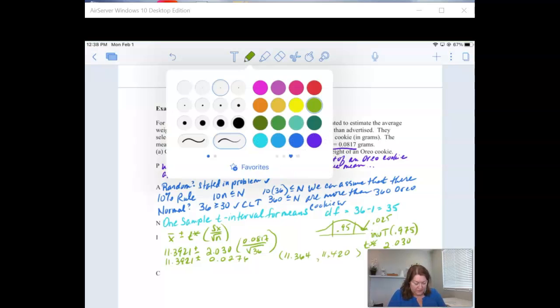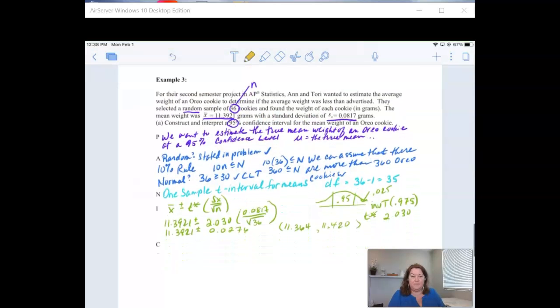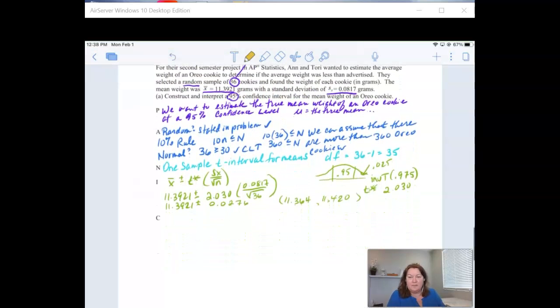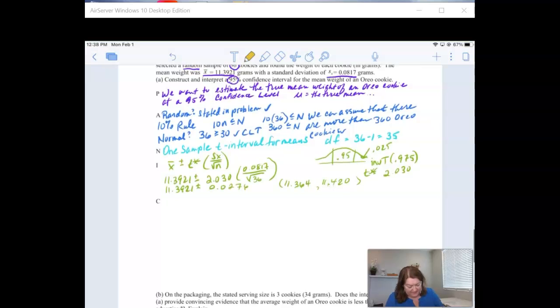This is the one where we do the conclusion statement in context. That means I've got to be talking about means and I've got to be talking about Oreo cookies. But our standard setup is still the same.